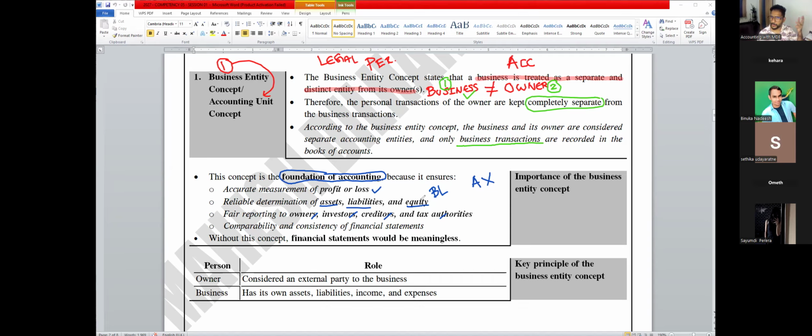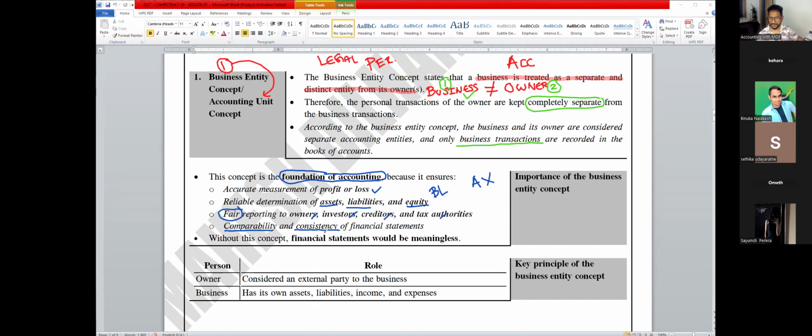So you have to understand, then definitely it is providing fair reporting. Fair reporting. The next, comparability and consistency of financial statements. Right? Comparability and consistency. Son, these accounting concepts always help you to develop comparability and consistency of financial statements.